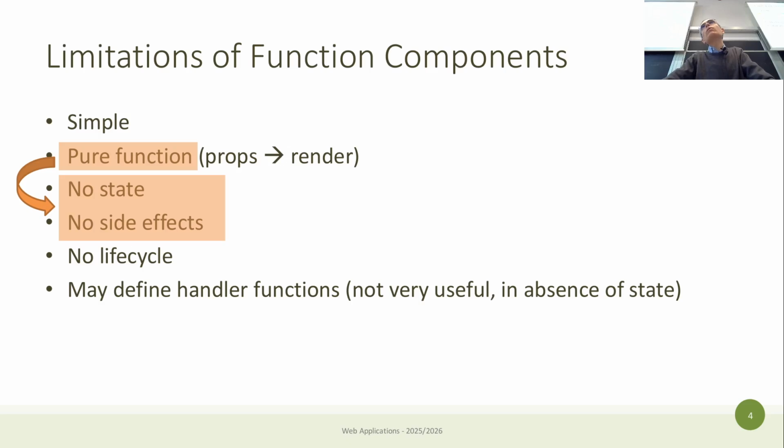Right? Pure function means we pass something as a parameter, and we know that every time we pass the same parameters, we get the same result, okay? Idempotent and so on. And so they cannot have a state, so they cannot remember information. If we need to remember information, we need an additional mechanism, and we will see what React provides us.